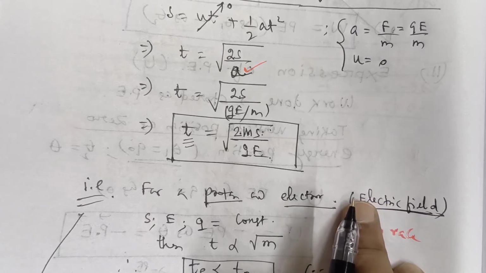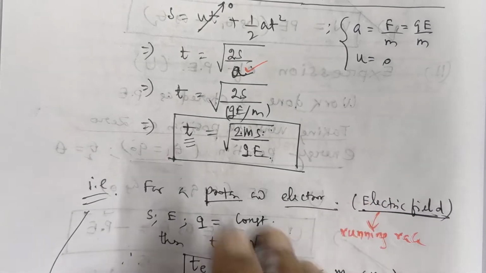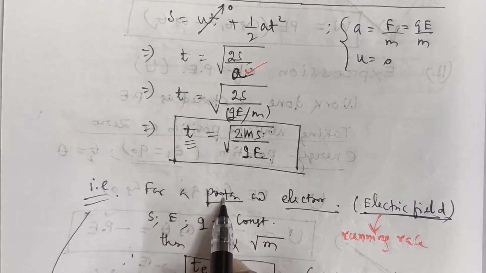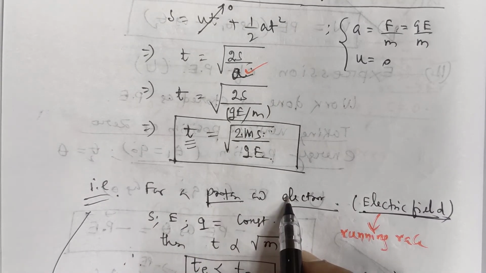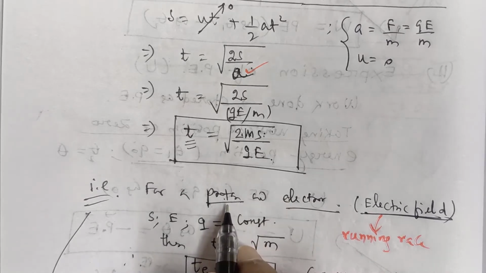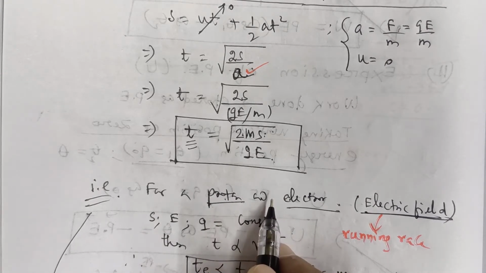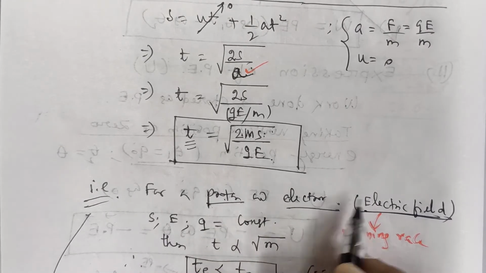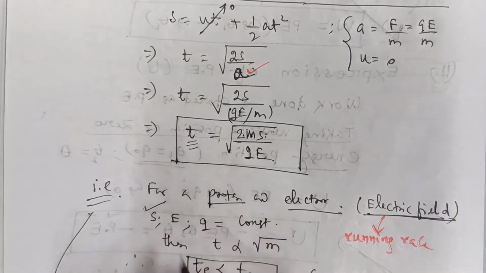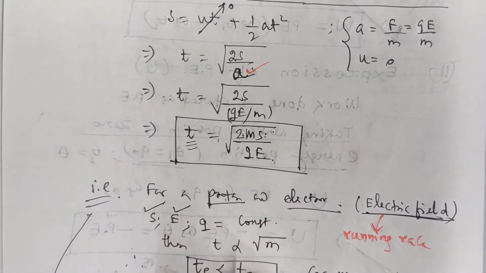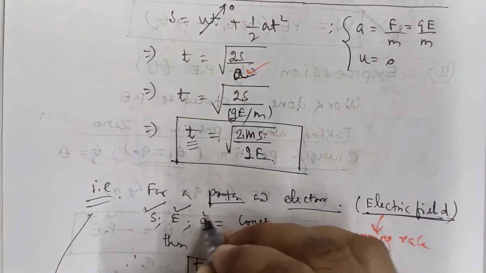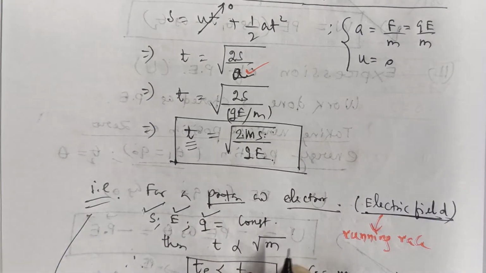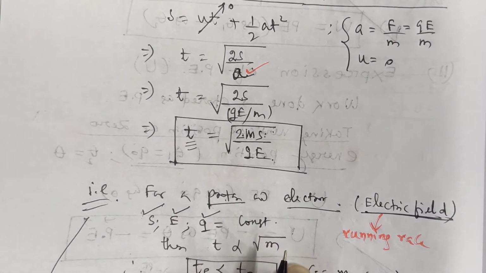If a proton moves towards right, then the electron will move towards left, because proton is a positive charge and moves along the direction of electric field, while electron is a negative charge and moves opposite to the direction of electric field. Our problem is that both have to cover the distance s in the same electric field. Proton and electron have the same magnitude of charge, and we have to discuss which one will reach fast.